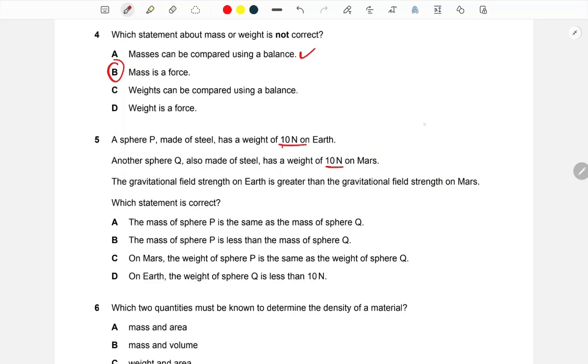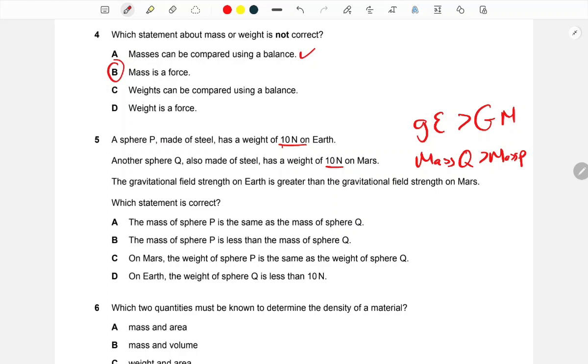So we know that the gravity of Earth is greater than the gravity on Mars. So if that's the case and they have the same weight, that means the mass of Q is greater than the mass of P.